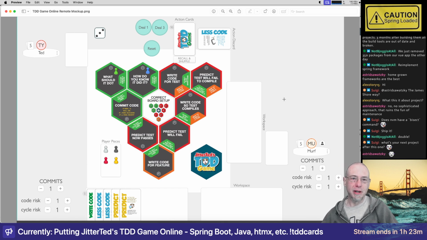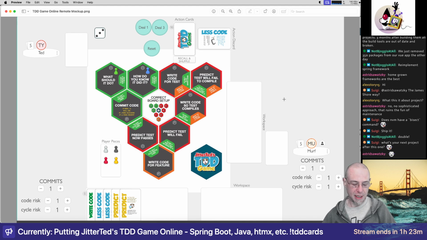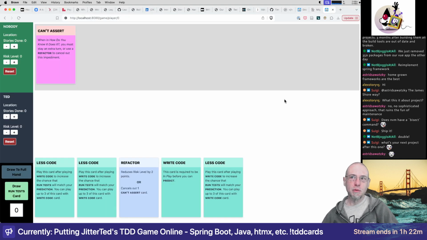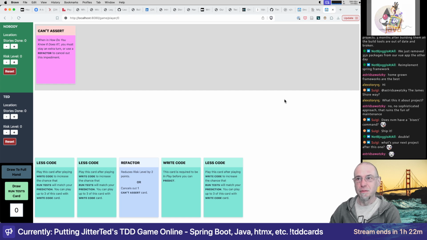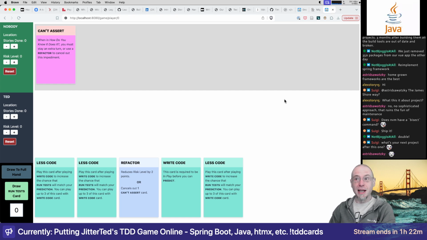But the board kind of has to be there, because that's what you're playing against. This was intended to be played alongside a board. So you could do this, and somebody just has the board, and they're playing with it. So that's an option. Not a great one, though. But if you've already got the physical game, lay out the board, have a camera on the board, and then this works.